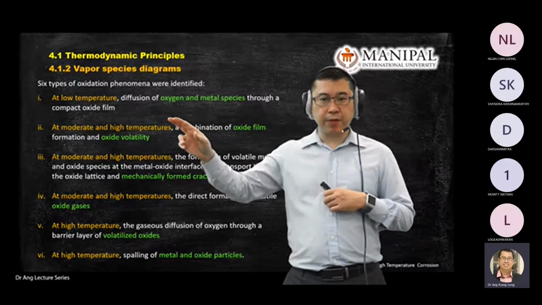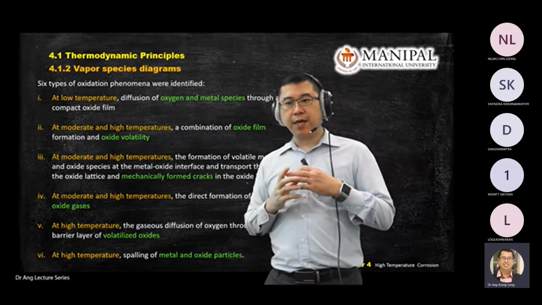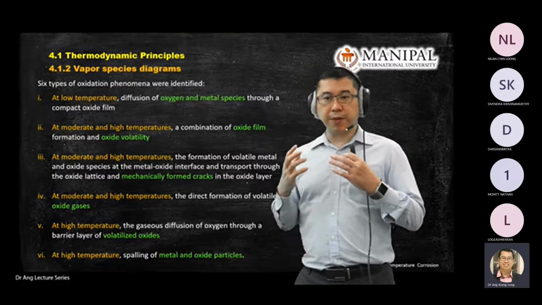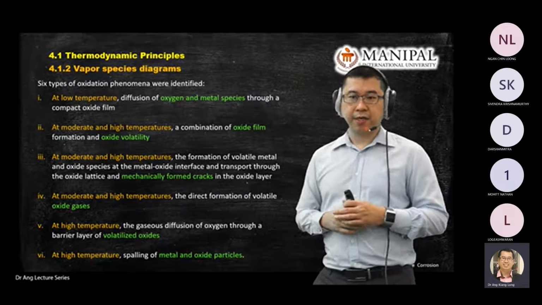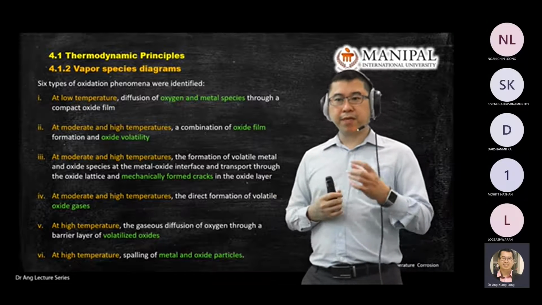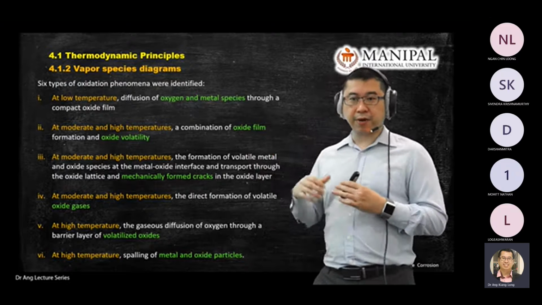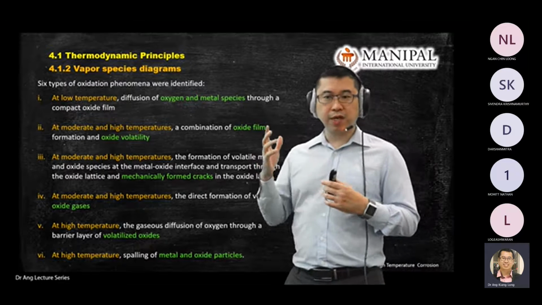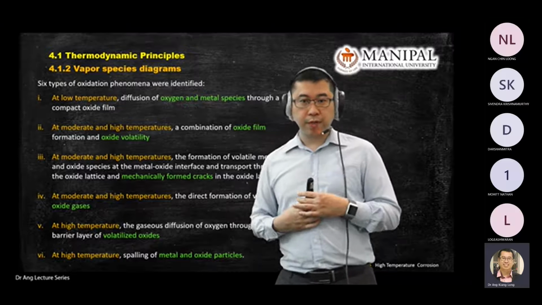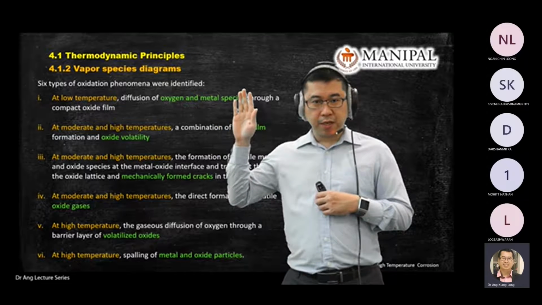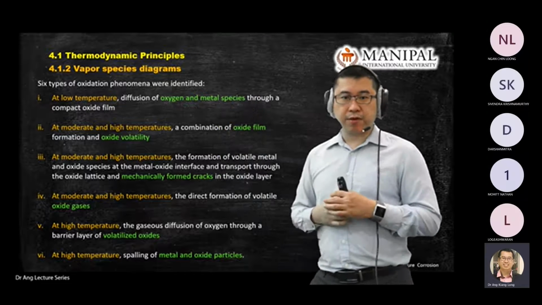When you talk about low temperature, you talk about the initial process of formation of oxide. And how oxide forms is oxygen plus metal species, like the formula that we saw just now, M plus O2, you get MO2. That is the low temperature phenomenon.